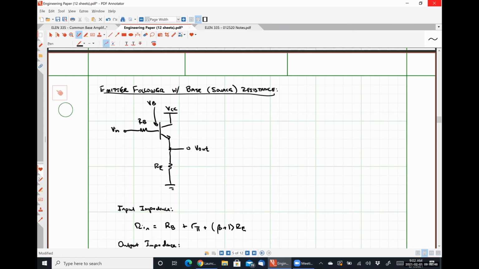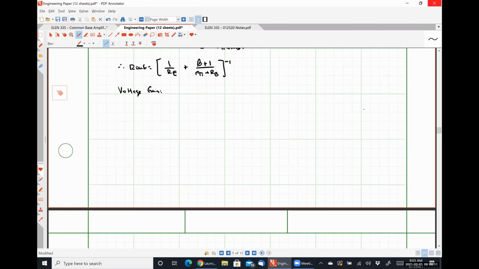So we are going to see that the voltage gain is going to be V out divided by VB, which is just the gain of our base emitter follower configuration, multiplied by the relationship between VB divided by Vin, which we should be able to get just using simple voltage division rules, right? So with that in mind, our voltage gain AV is V out divided by VB multiplied by VB over Vin.